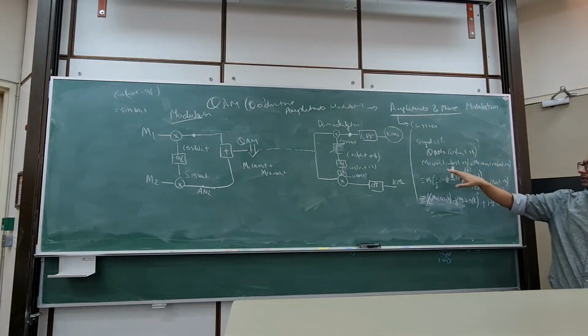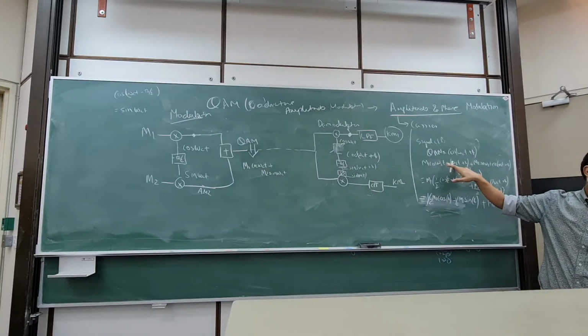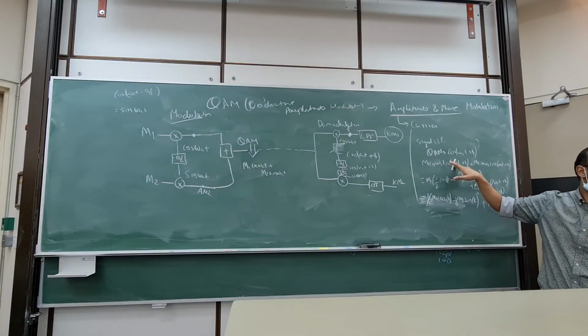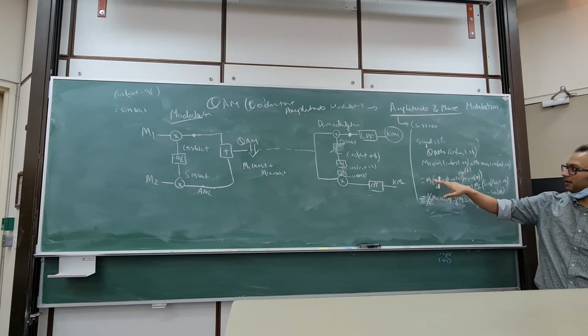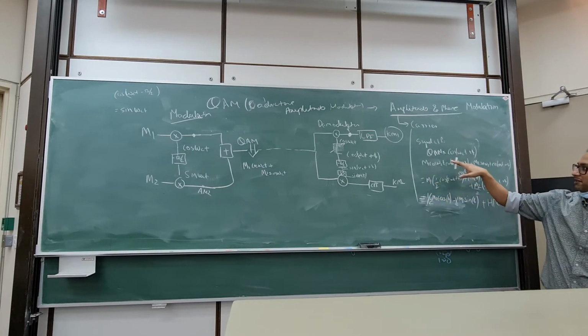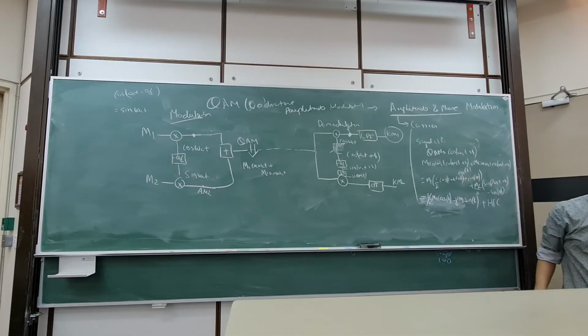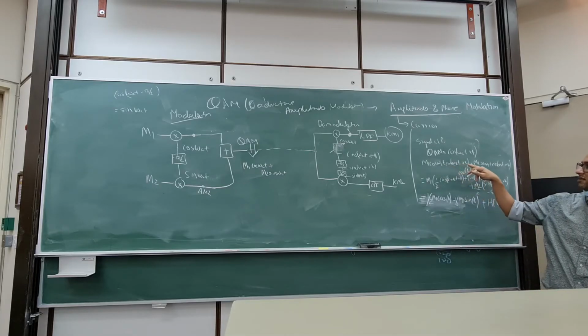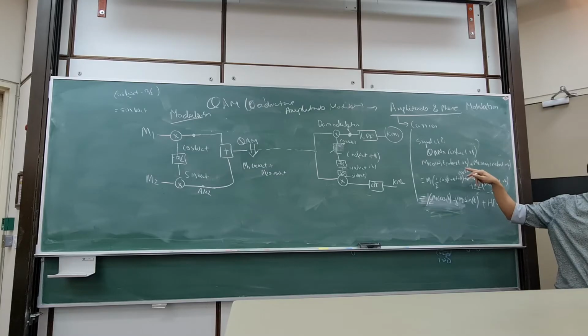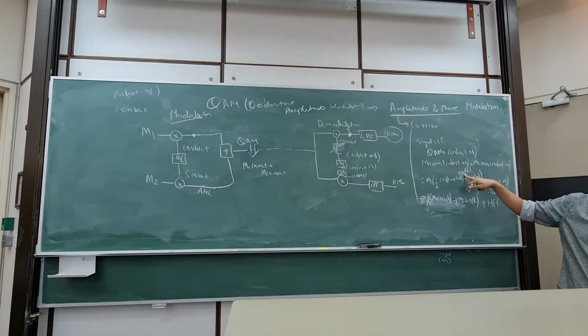This is cos A cos B, which is half of cos of A plus B plus cos of A minus B. So that's M1 over 2: cosine of 2 omega ct plus phi, and A minus B gives cosine of minus phi. Cosine is an even function, so that's the same as cosine of phi.